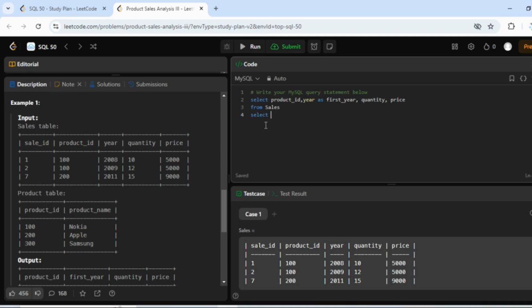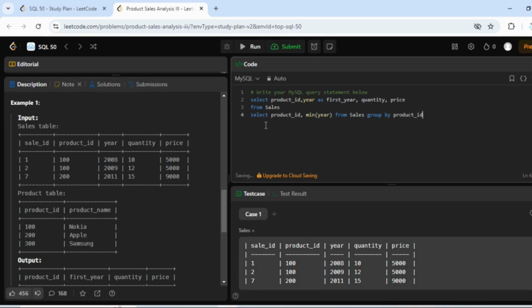It will be select the product ID and the minimum of the year, and you will see right now why I'm taking the minimum, from the sales table, group by on product ID.